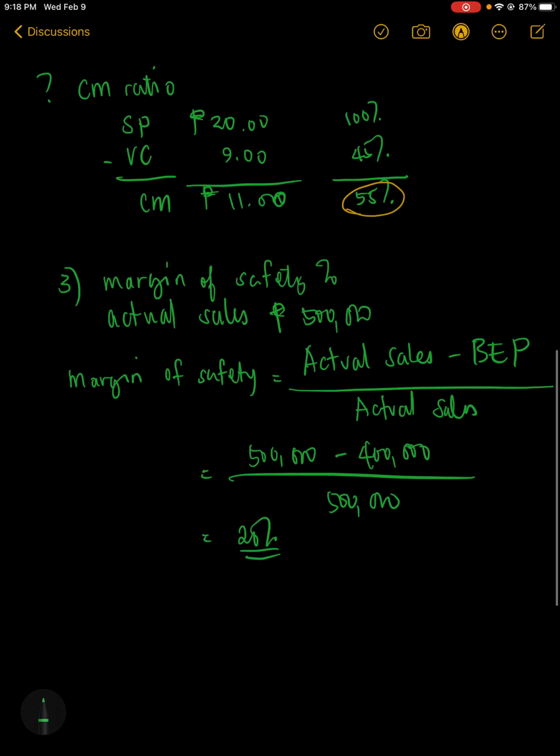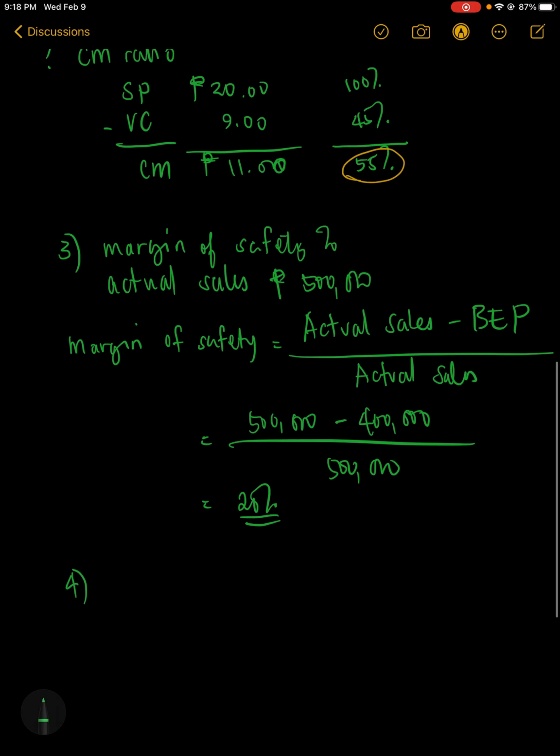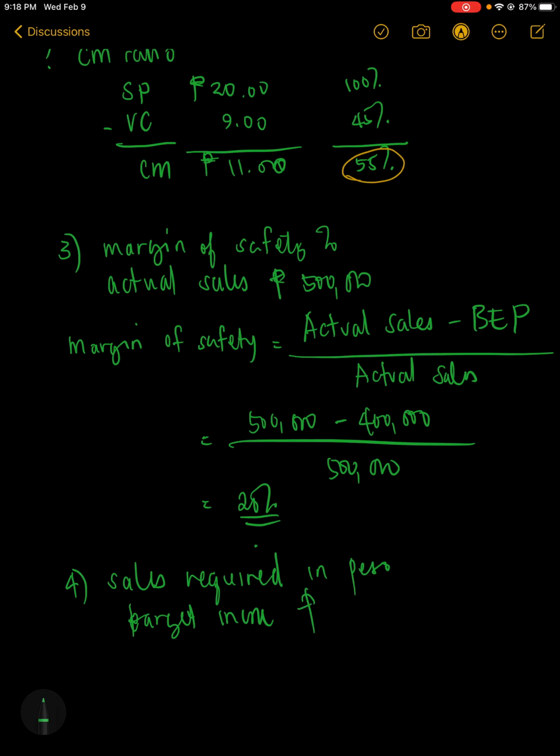Okay? What if the question asks you how much sales we need to sell, in peso value, if we have a target income of 165,000.